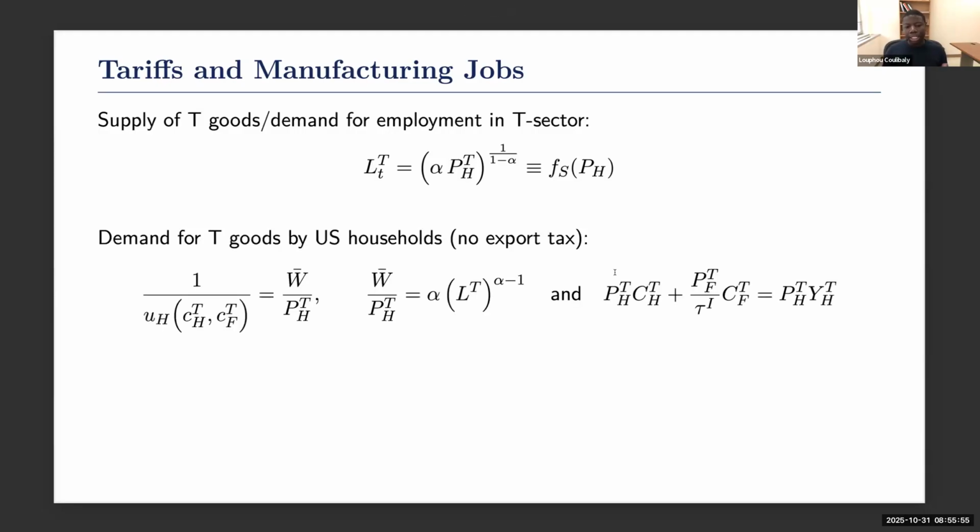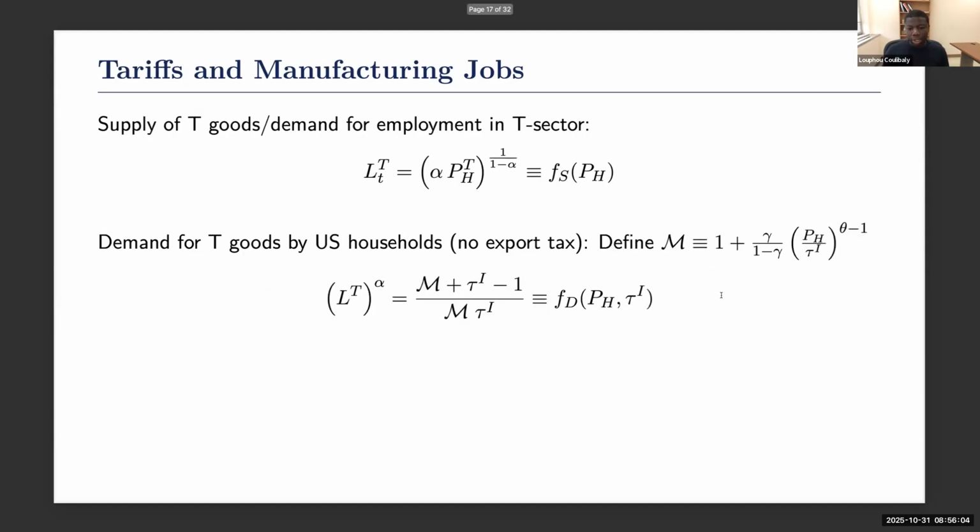You can also combine household decision in terms of labor supply with this optimality condition and the balanced trade condition to determine what is the demand for tradable good by household as a function of the relative price, or if you want, the supply of labor. So these are the two curves that Oleg and Dima have in their paper when it comes to how tariffs affect manufacturing jobs.